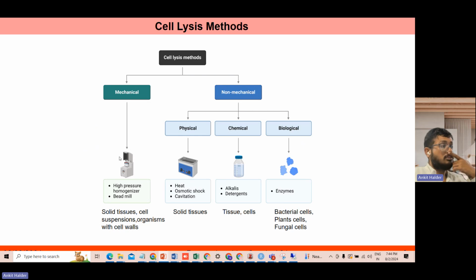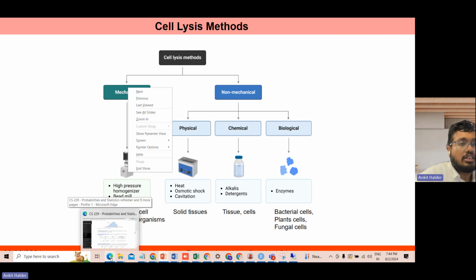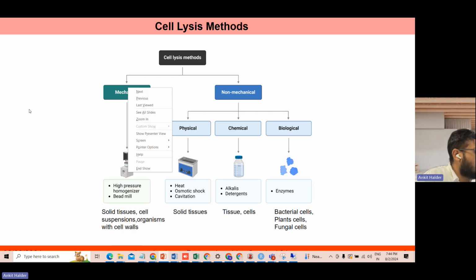In fact, as I mentioned just now, you can use a mortar and pestle, where you can do manual grinding and apply manual force. All these things come under the mechanical method.